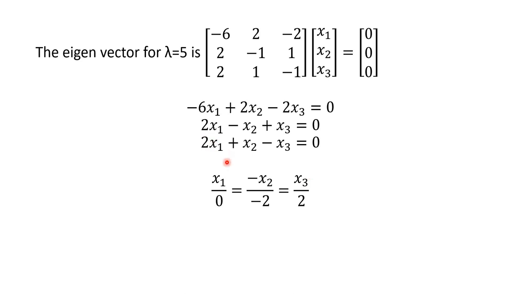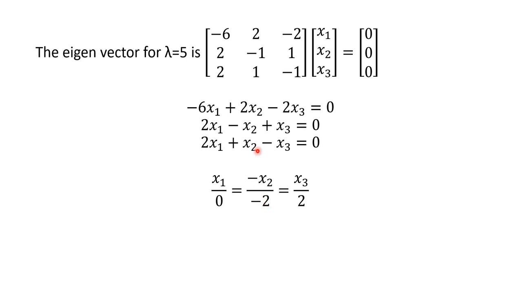So here also we have 3 different equations. For x1 we have 1 into 1 is 1, minus 1 into minus 1 is 1, minus 1 into 1, so 1 minus 1 is 0, equal to minus x2 by, for x2 we have 2 into minus 1 is minus 2, minus 2 into 1 is minus 2.